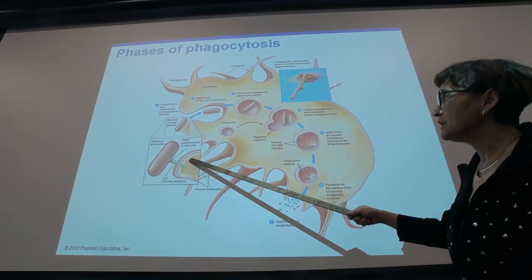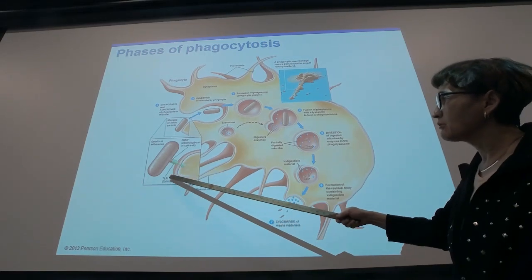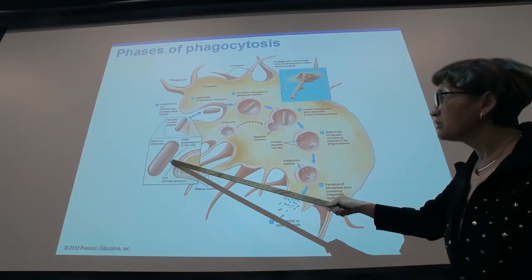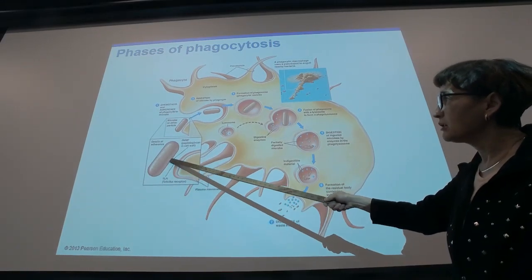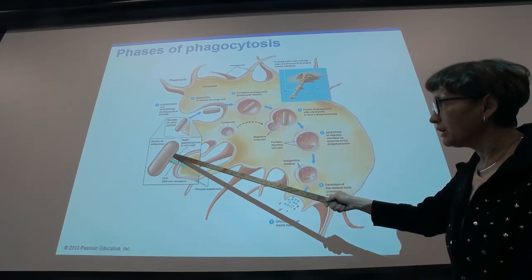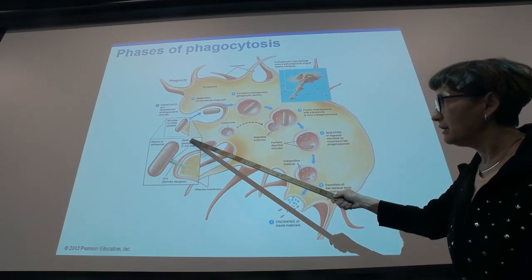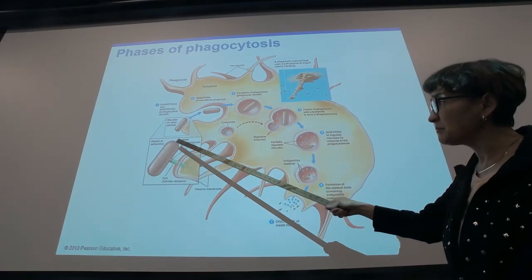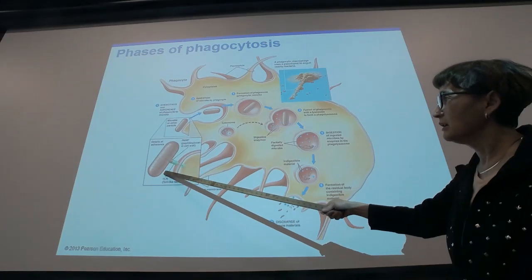And then we have, for instance, in this macrophage, a molecule that is called toll-like receptor, or TLR. This TLR is going to bind a molecule on the cell wall of this microorganism that is called PAMP. So it's a specific molecule that is found in the peptidoglycan.